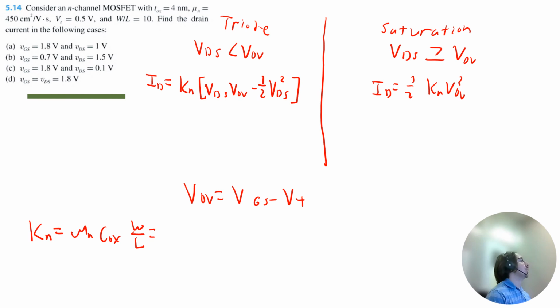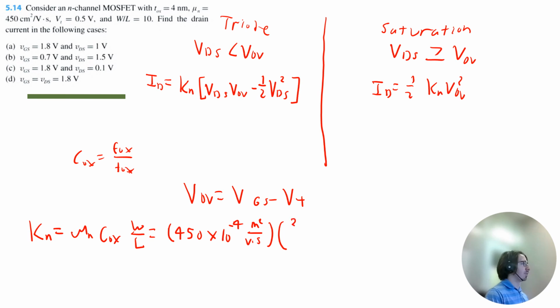K_n is equal to mu_n times C_ox times width divided by length. We're given our value of mu_n, and to make sure I take care of units correctly, I'm going to convert these all to standard units. Converting centimeters squared to meters squared, that's 450 times 10 to the negative 4 meters squared per volt second. C_ox is equal to epsilon_ox divided by t_ox, and epsilon_ox is just a constant for silicon.